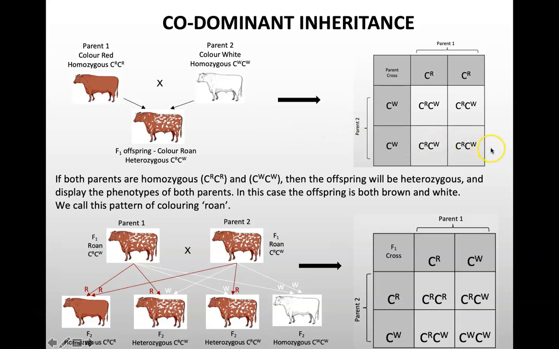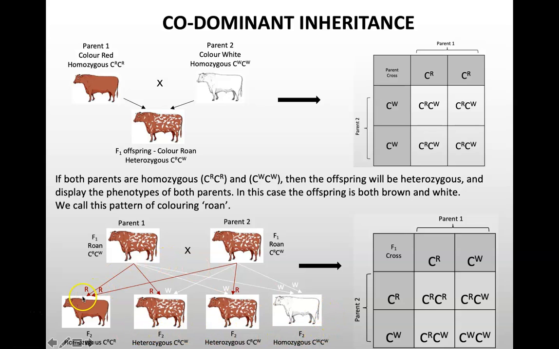Okay, and we can evidence that using our parental cross here. In the case of the F1 offspring being our colour roan, it has those two heterozygous alleles, colour red and colour white, and we have that speckled version. If we were to take two of these F1 offspring and crossmate them, we would then have more of an array of different phenotypes in the F2 generation.